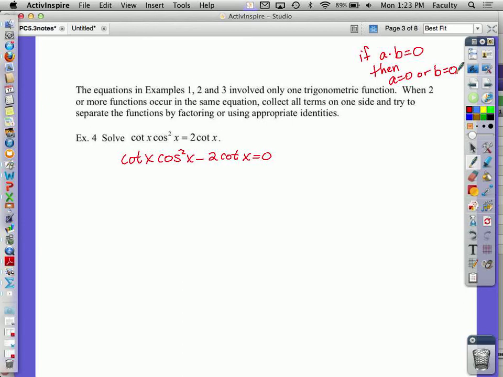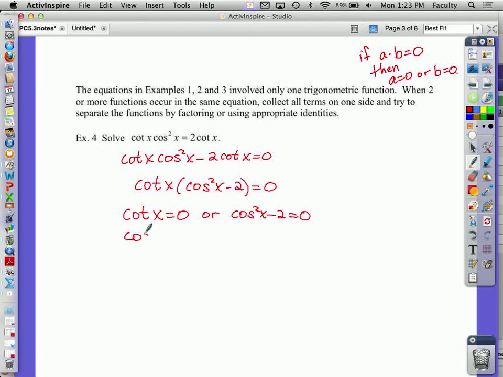So on the left side, do you see there's a GCF of cotangent x? So I get cotangent x times the quantity cosine squared x minus 2 equals 0. So the zero factor property says I set each factor that contains a variable equal to 0. So cotangent x equals 0, or cosine squared x minus 2 equals 0.